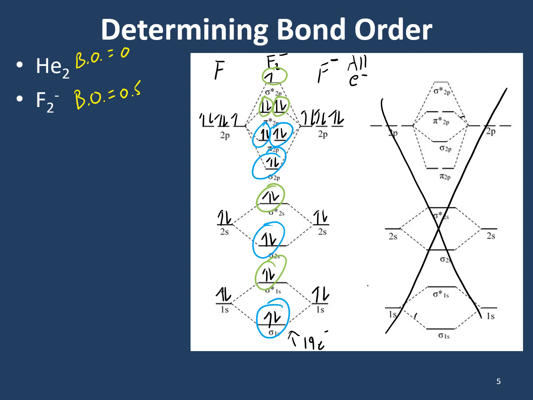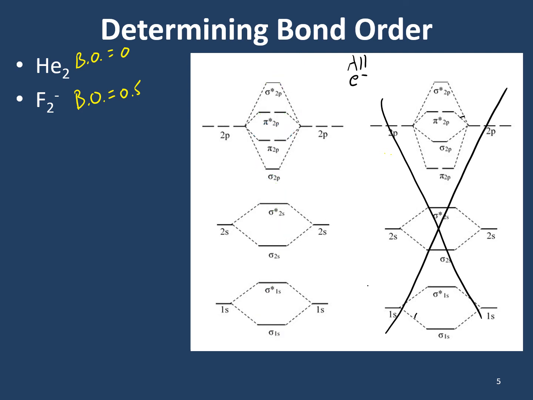It doesn't even have a full bond holding it together. It might exist, but it's very unstable, just due to the low bond order that we're seeing. We can also say conclusively that it is a paramagnetic compound because of its one unpaired electron. If you have one unpaired electron, then you're a paramagnetic compound. So it does have one, so it's paramagnetic.